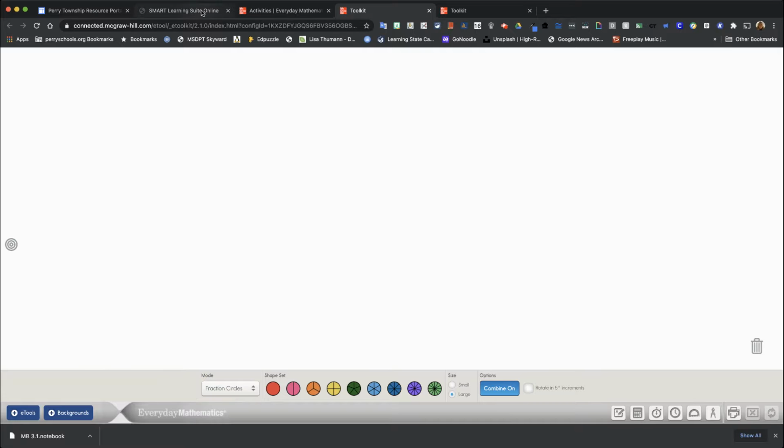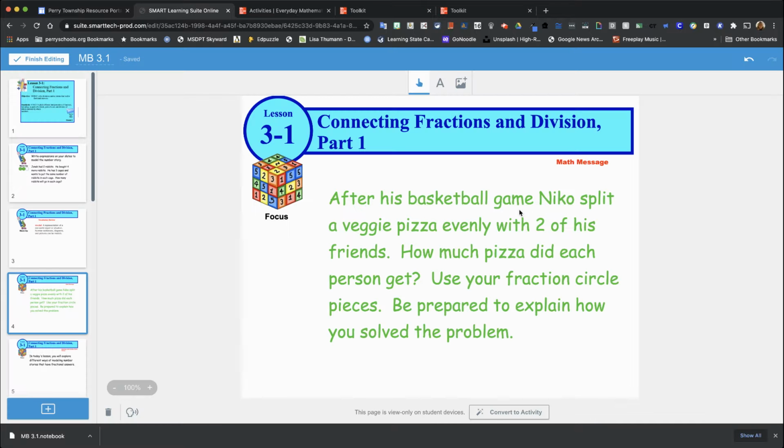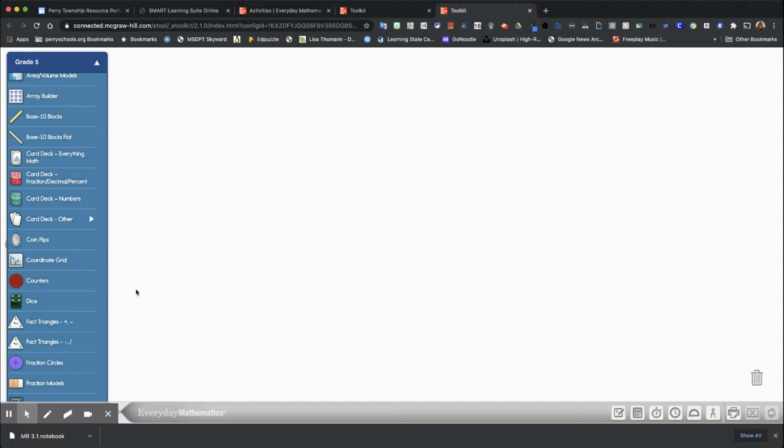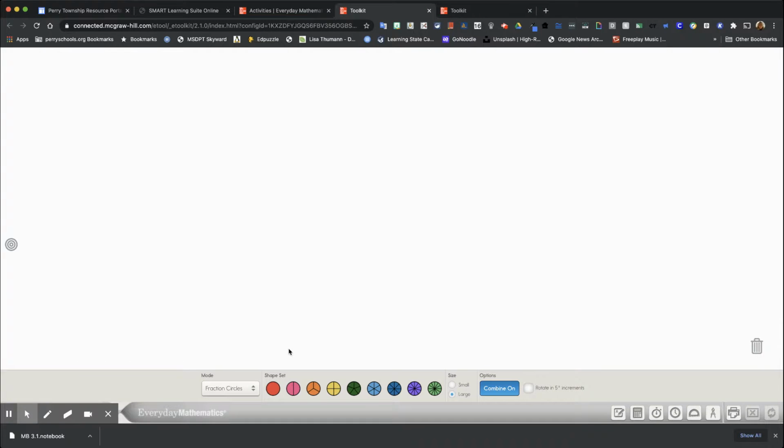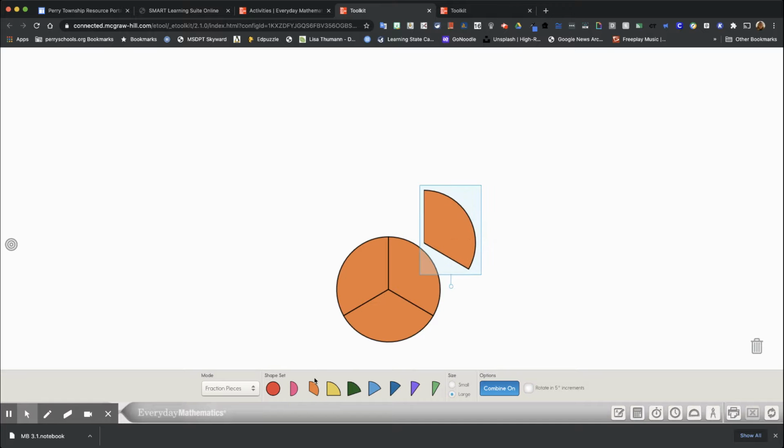So going back to our question, he had a veggie pizza. He's splitting with 2 friends. So if I'm doing Nico with his 2 friends, because I'm sure he's going to want a piece of pizza, there's 3 people total. So when I'm looking at those fraction circles, I can see that right here we've got 1, 2, 3, and I can even use the pieces. I can see that we've got 1, 2, and 3.